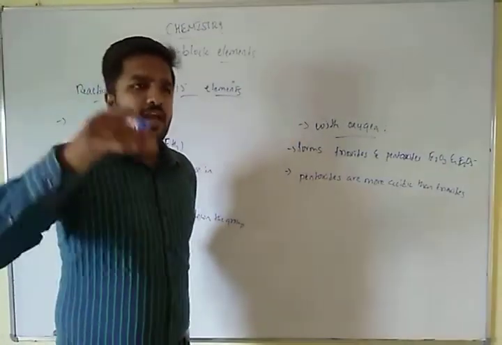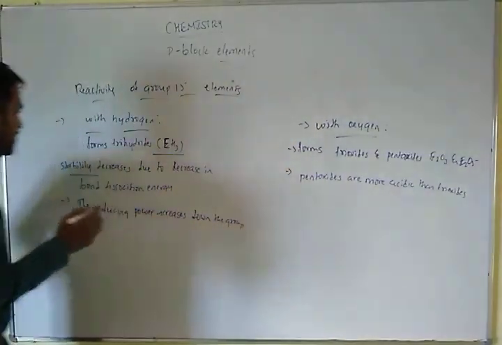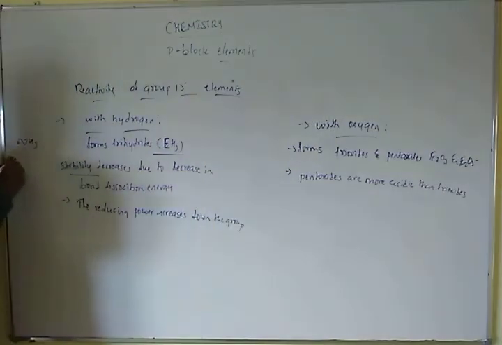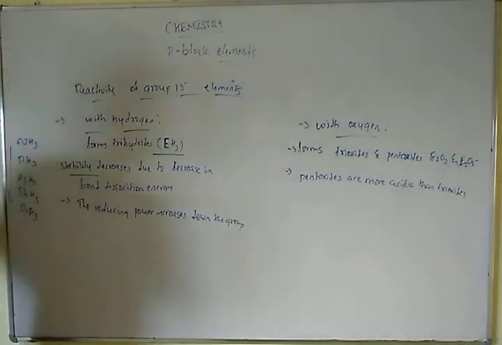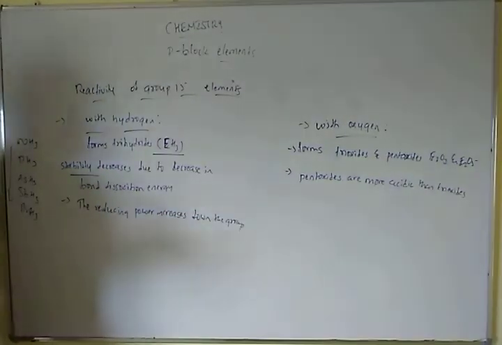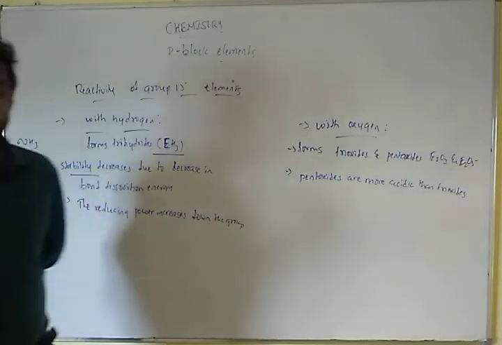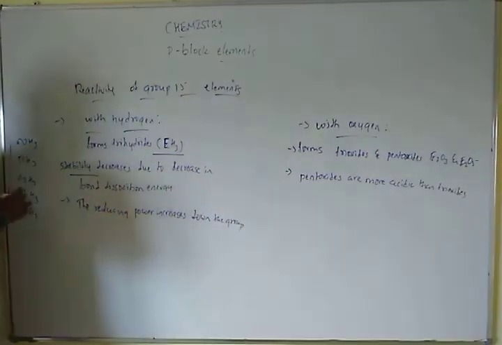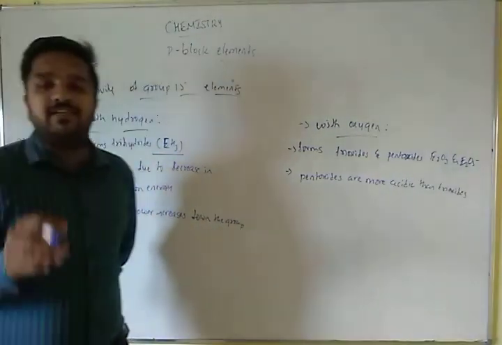It means that as we go down the group, from NH3 to PH3, AsH3, the stability of these hydrides decreases. Why is it so?